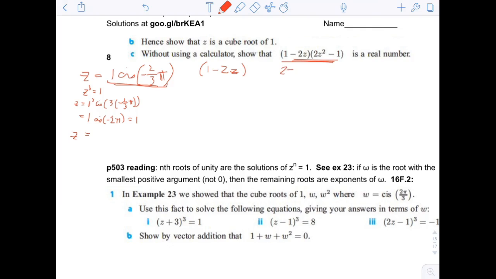So we'll get 2z squared minus 1 minus 4z cubed plus 2z. Now let's put it in order: minus 4z cubed plus 2z squared plus 2z minus 1.